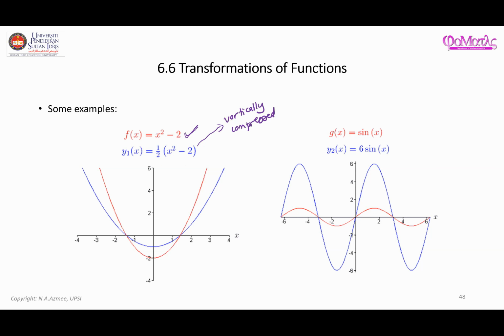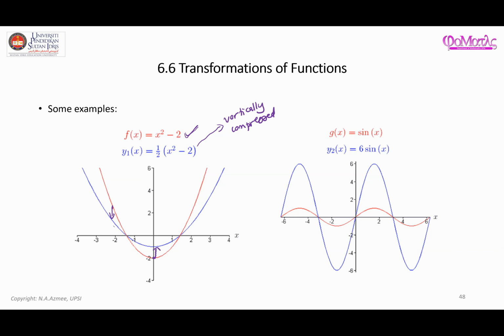So you can see that you're compressing it from here towards this direction, and this one will compress it towards this direction. You're compressing at the top and at the bottom, so it becomes this blue curve.